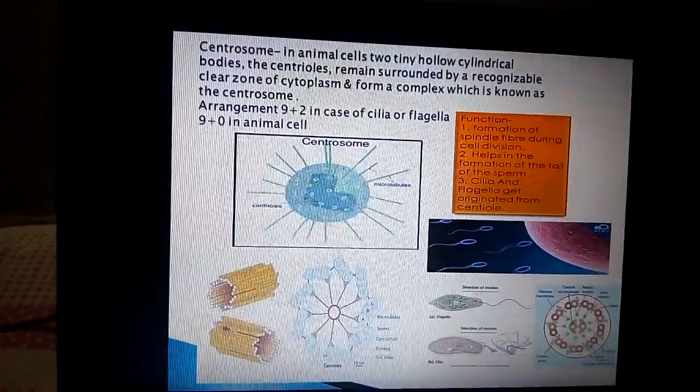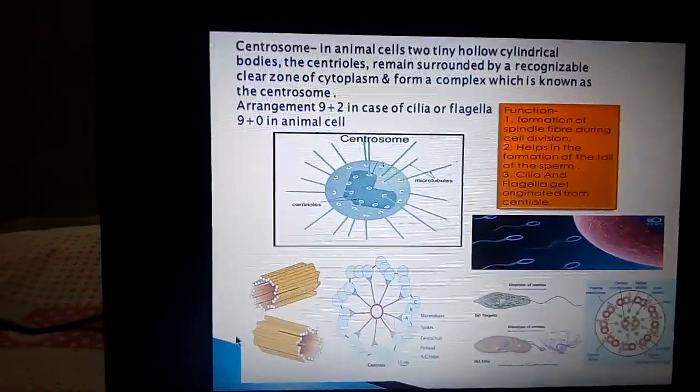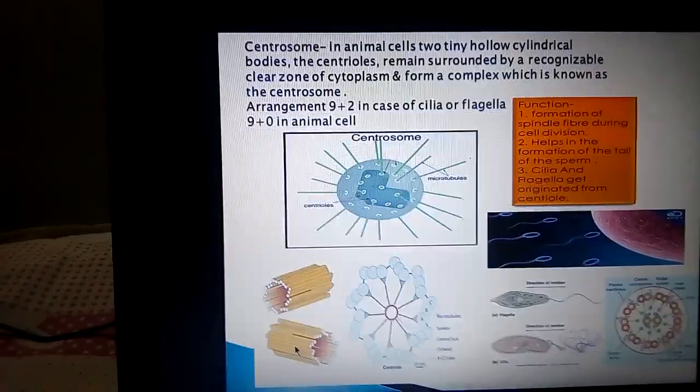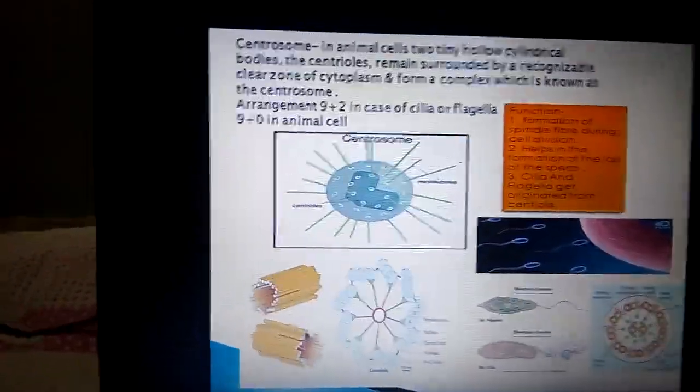All of you look at this single centriole. The wall of the centriole is formed of 9 triplets of microtubules.